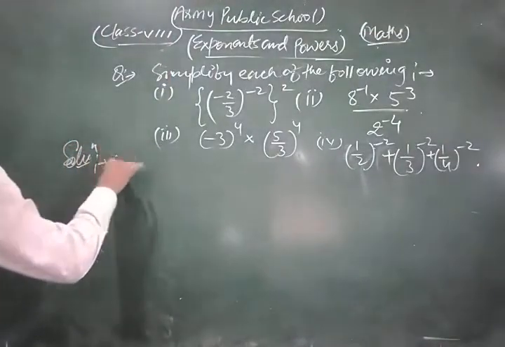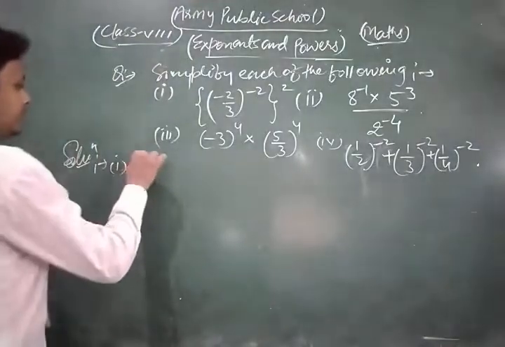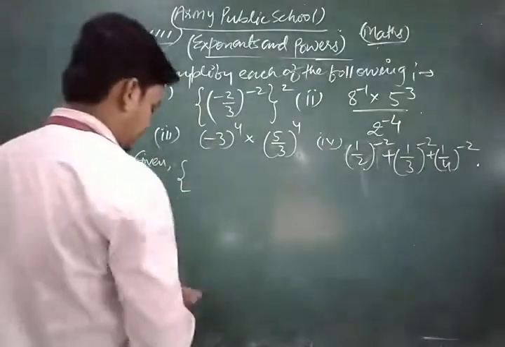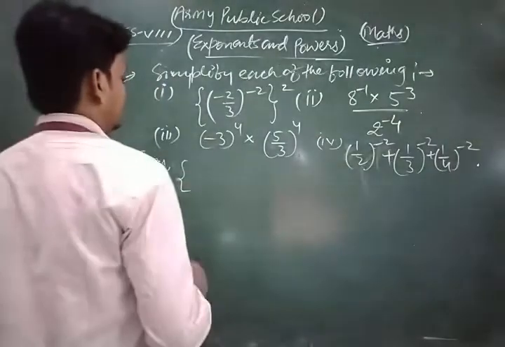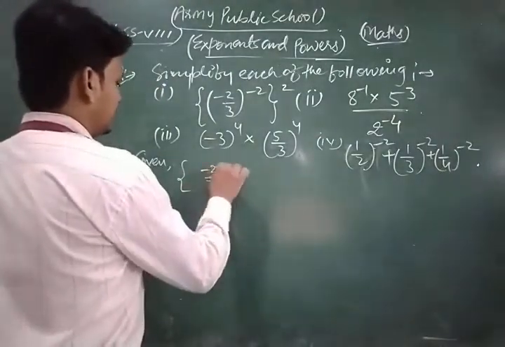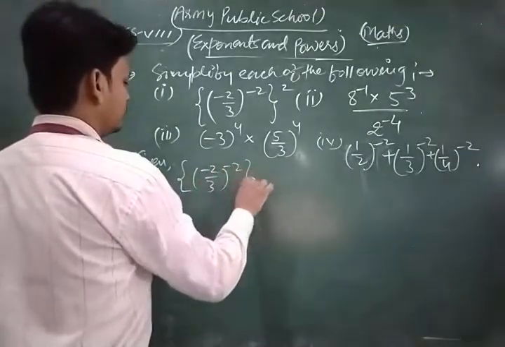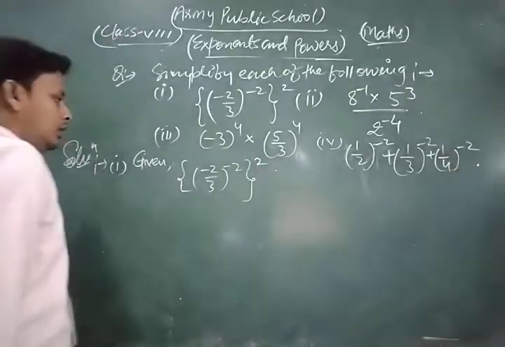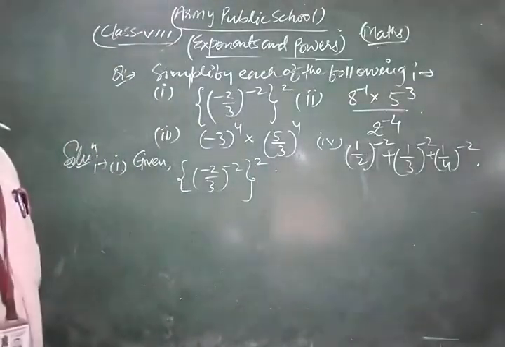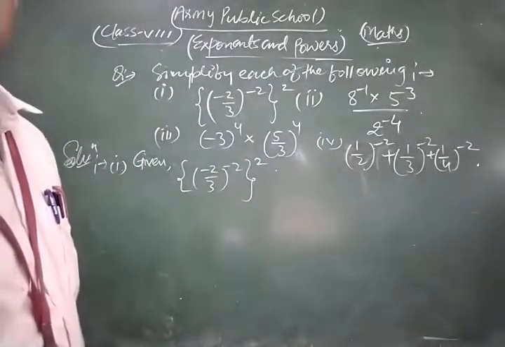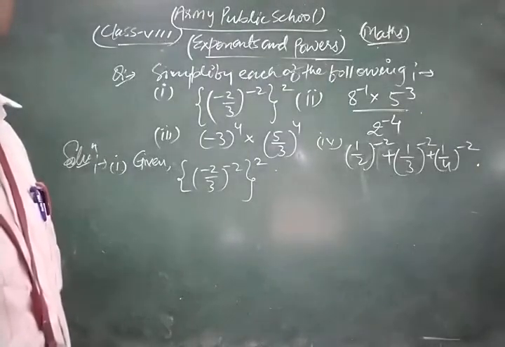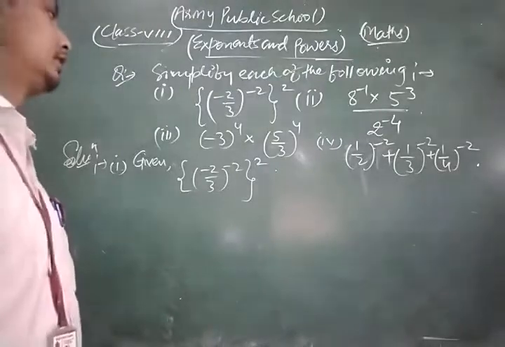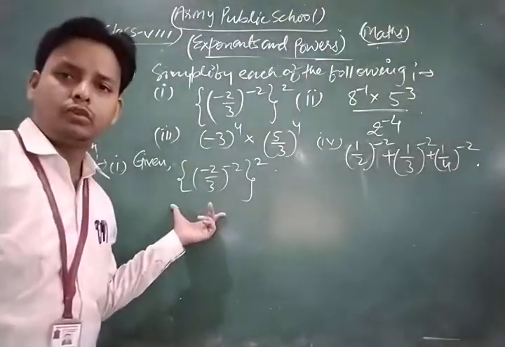First of all, we take the first part of this question. First of all, we write the given expression: (-2/3)^-2 to the whole power 2. We find the value of the given expression.